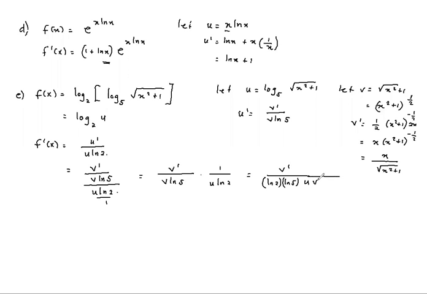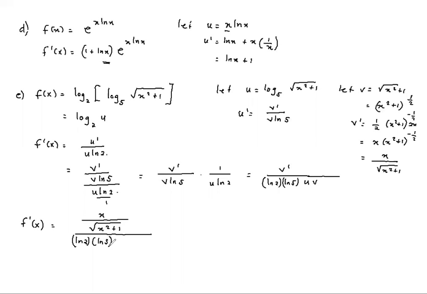We can multiply them like that, so that our f prime of x is, what is v prime? v prime is x over the square root of x squared plus 1, everything divided by ln 2 and also ln 5. Remember, these are just constants. And then u. So what is u?